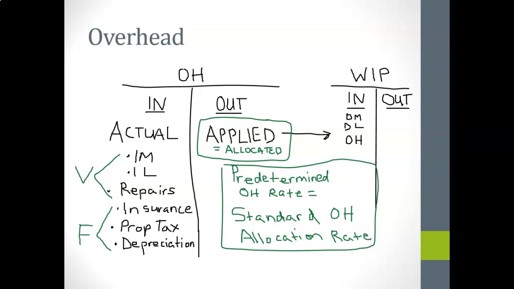Then at the end of the year, we look and see, how close were we with our predetermined overhead rate? Did we estimate really well? Then our credit side and our debit side should come pretty close. And whatever excess there is, if we either overapplied or underapplied, would just go straight to cost of goods sold.